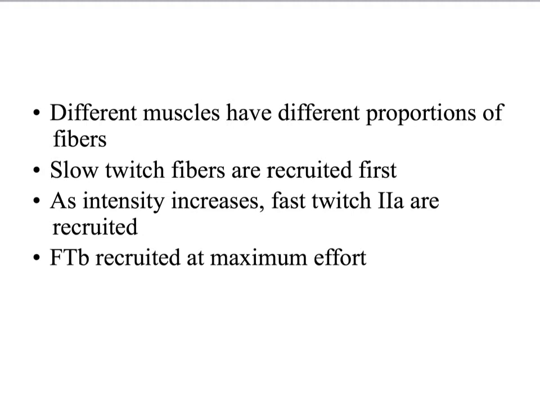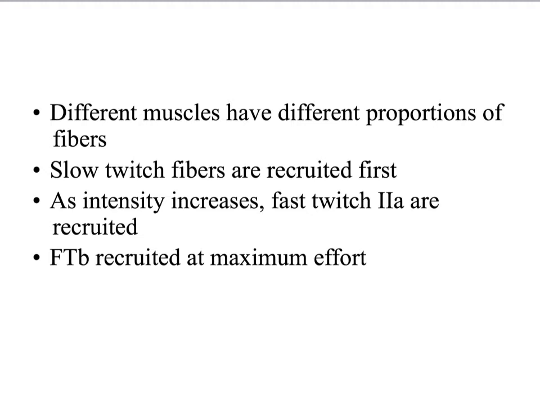So if you're going to, let's say, pick up something of medium weight, about 5 to 8 pounds here, your slow twitch fibers are the ones that are recruited first. Now let's say you're going to be picking up something that's going to be 30 pounds, which takes more effort. Your slow twitch fibers get recruited first, and then as you put more pressure trying to lift that load, your fast twitch fibers get recruited.